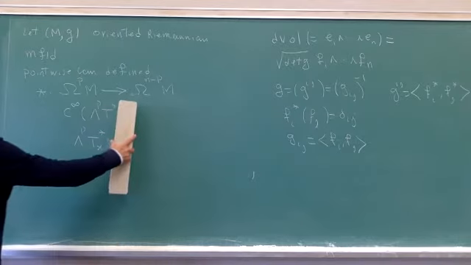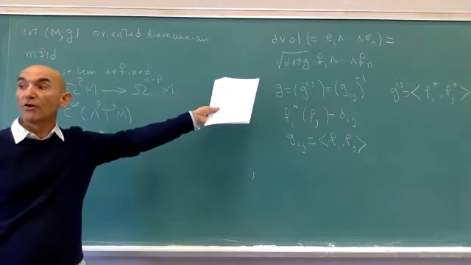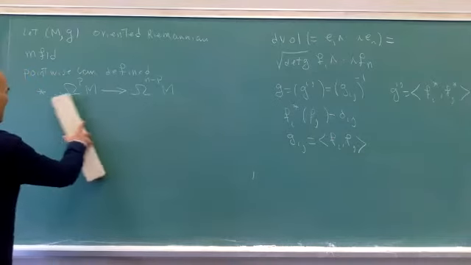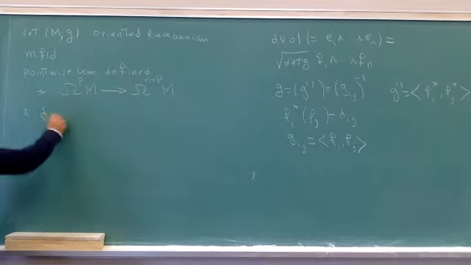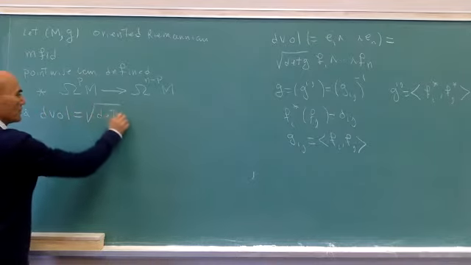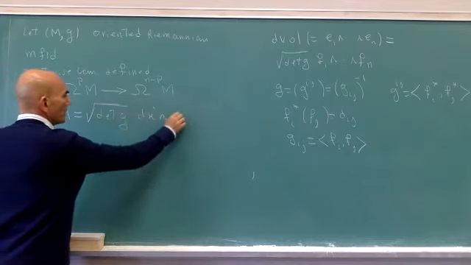The volume form in this case, using this result, is the famous volume form of Riemannian manifolds: the volume form is equal to the square root of the determinant of g, times dx1 wedge dx2 and so on.